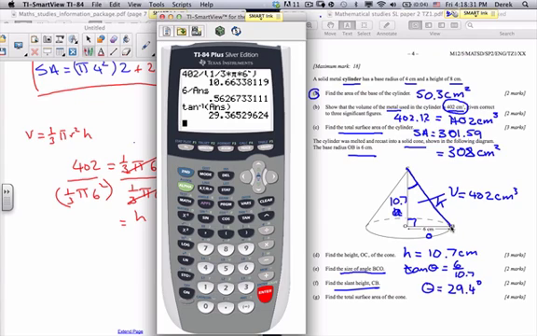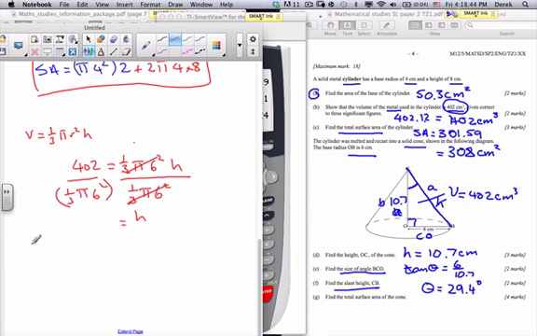Now we could use trig, but probably the easiest way would be to use Pythagoras, because we've got a right angle triangle. So this is my ABC. We know by Pythagoras that A squared is equal to B squared plus C squared.